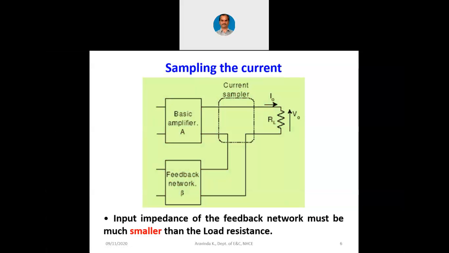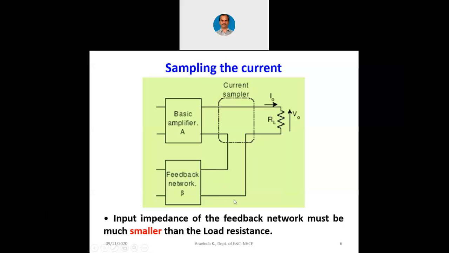Now as far as sampling the current is concerned, you can see the current goes to the load, then it goes to the feedback network, then it comes back to the basic amplifier because that's a ground connection or return connection. Now here the requirement is that input impedance of the feedback network must be much smaller than the load resistance. Why? Obviously here there is a series resistance here.